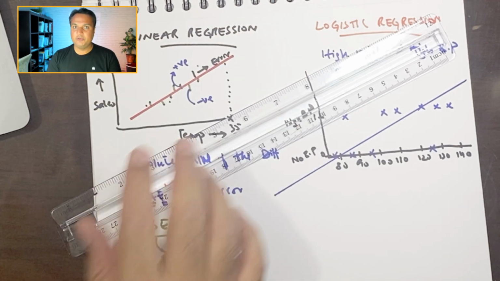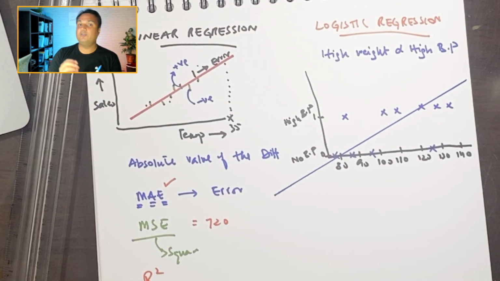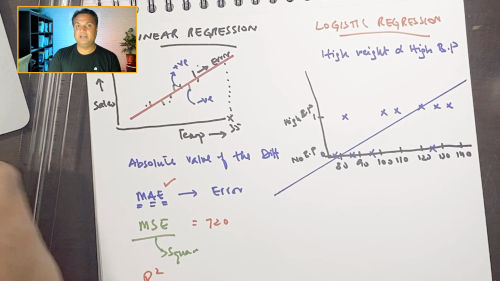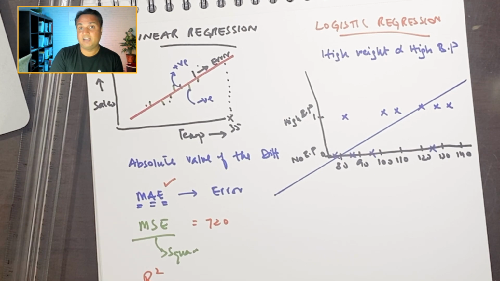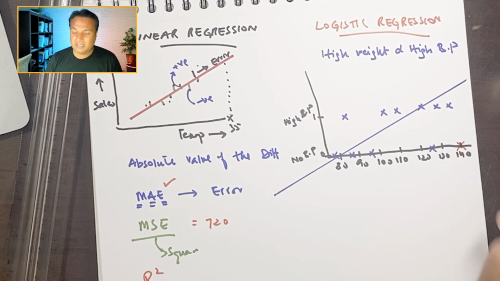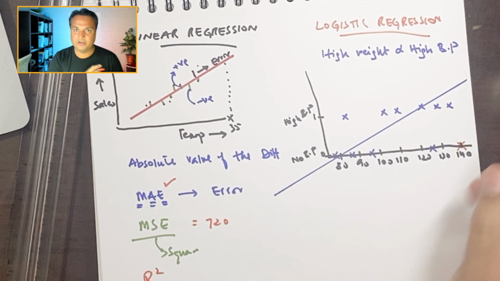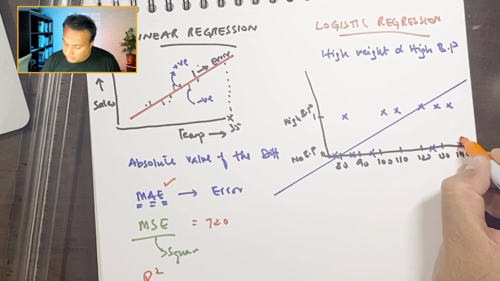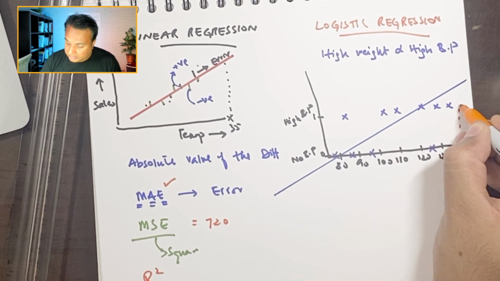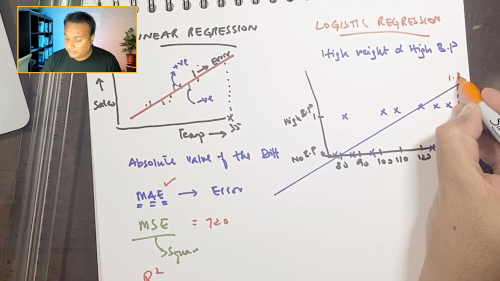Now let's see if we can use this line to estimate, for a new person, given their body weight, if they have high blood pressure or not. So let's say a new person comes in with a very high weight. Let's say their weight is 140, and now we want to see if they have high blood pressure or not. So we can go up and see what's the value at this data point, which is, let's say, 1.8.